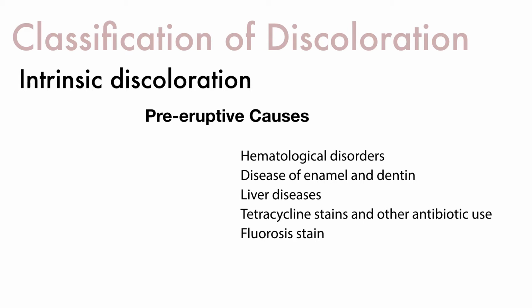Similarly, fluorosis, tetracycline staining, localized and chronological hypoplasia, and amelogenesis and dentinogenesis imperfecta, where enamel and dentine are both not perfect, always appear in the clinics with loss of enamel and dentine and a lot of wear on the dentition.